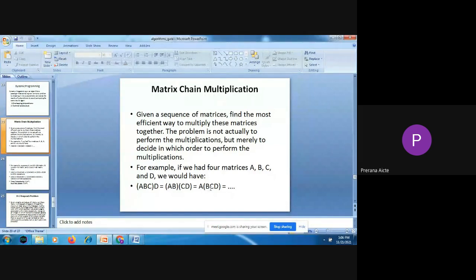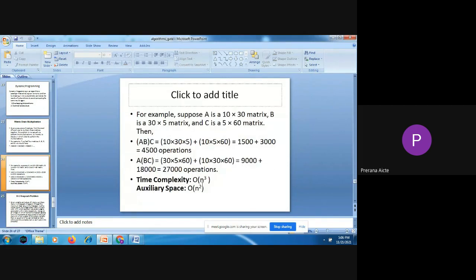I can first multiply B with C and then the resultant with D and then the resultant with A. So we have different orders of multiplying those matrices. In which order should we compute such that we multiply all those matrices with the least number of computations? Finding that order is matrix chain multiplication.